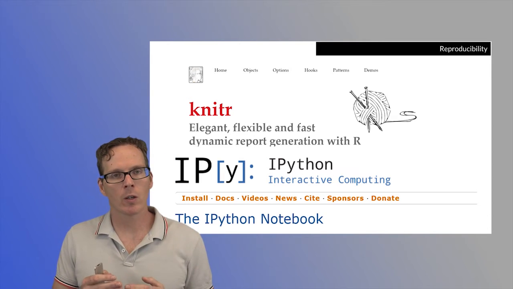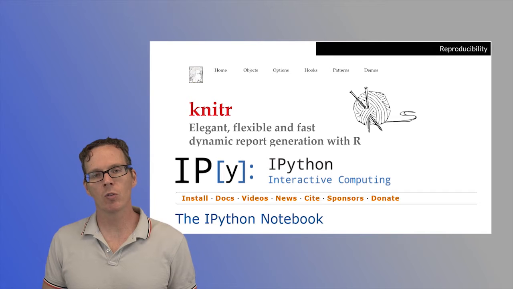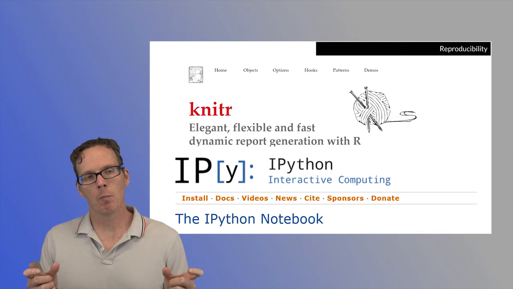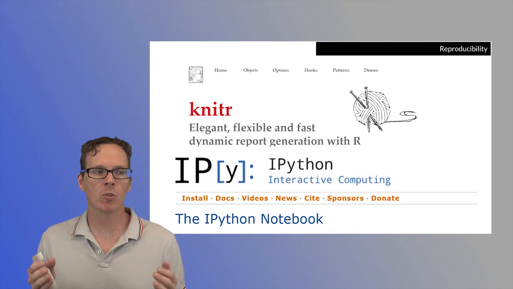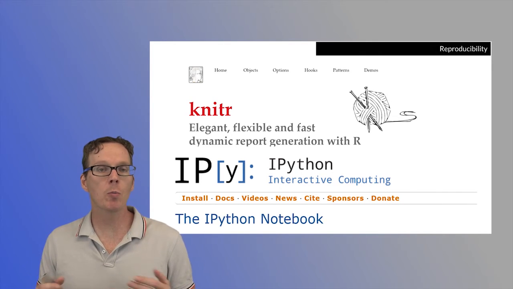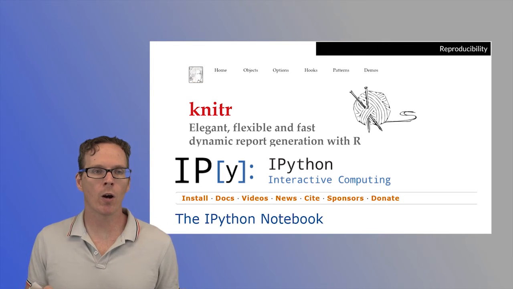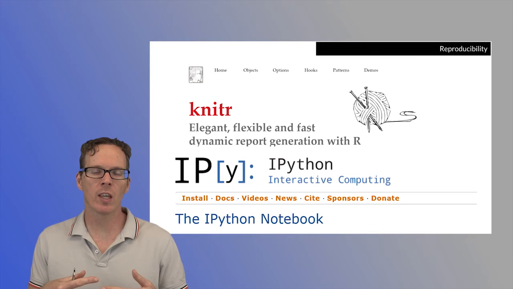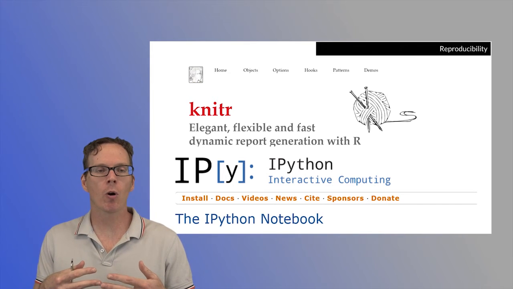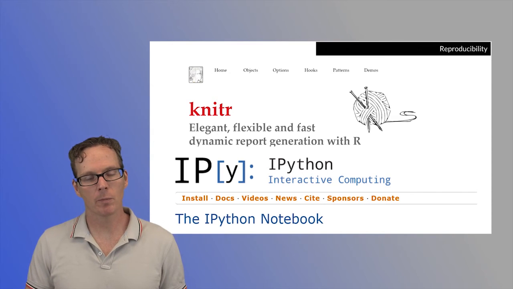Fortunately, for the people that you're managing, there are a lot of tools available now that merge the data analysis and the report writing into a single document. The two most popular in my mind are Knitr, which is a tool for R specifically, and the idea is knitting the analysis and the report writing together. And then IPython notebooks are another one.